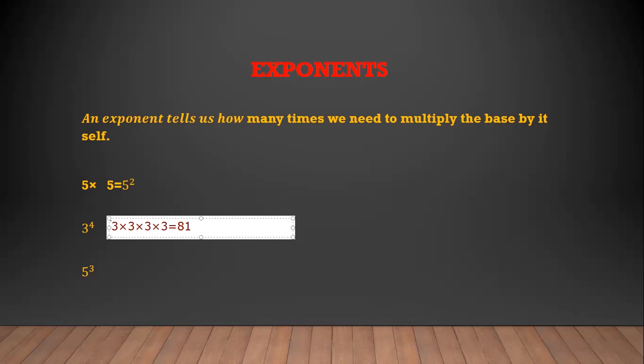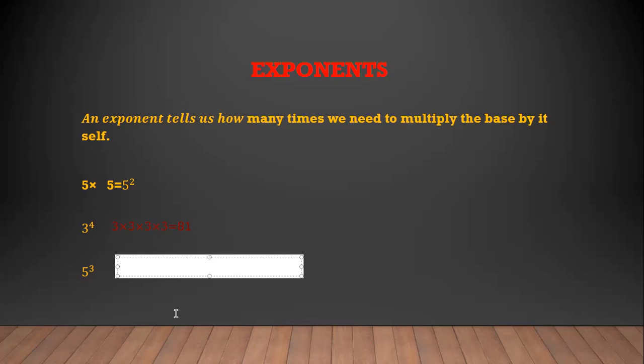So 3 power of 4 is equal to 81. 5 power of 3 means 5 is the base value, repeated 3 times. 5 times 5 times 5 is 5 power of 3. 5 by 5, 25, times 5 is equal to 125.